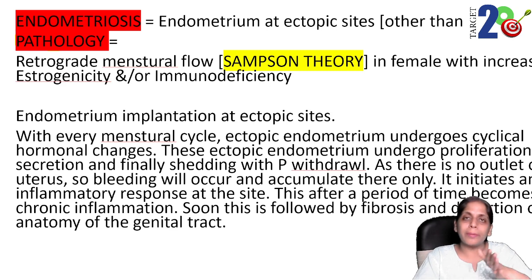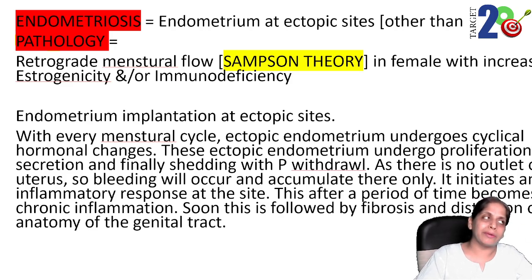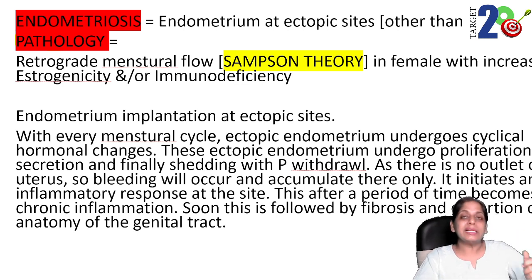But retrograde menstrual flow is going backward from the uterus to the fallopian tubes and then to the peritoneal cavity or ovaries. This retrograde backward flow is responsible in a female who is having increased estrogenicity and immunodeficiency.